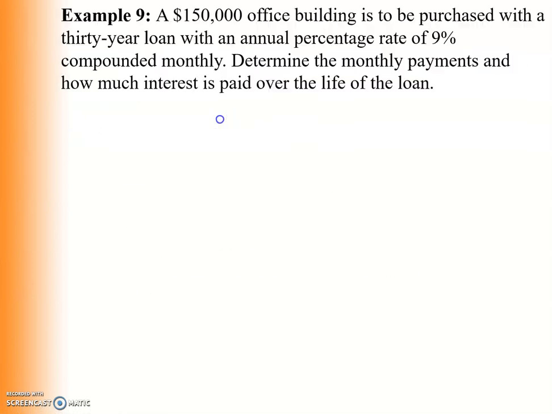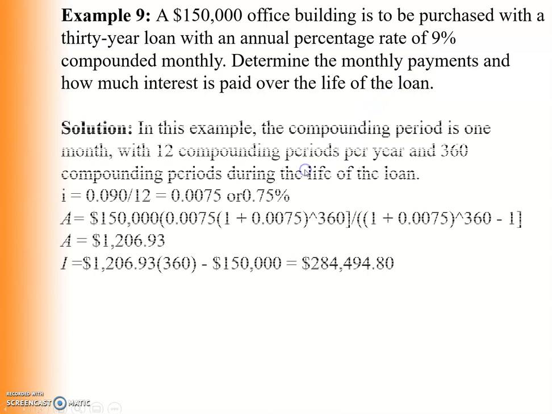In this case it is 9% per year, so 9% will be divided by 12, giving 0.75% per month, and that 0.75% per month will be used in the previous formula. So the monthly interest rate is 0.75%.